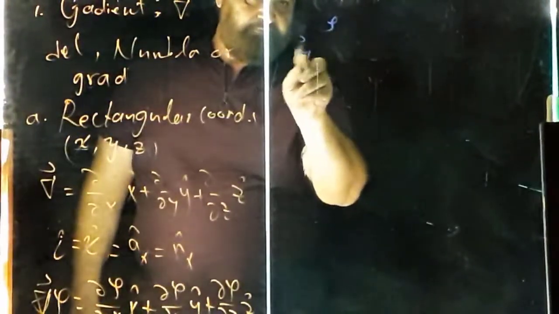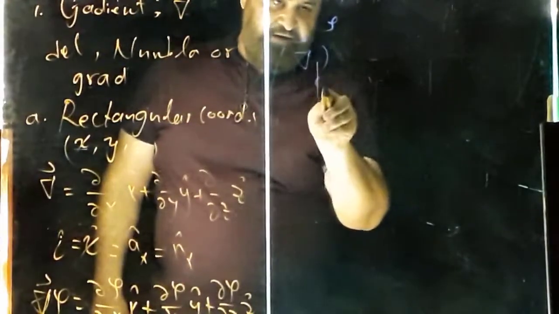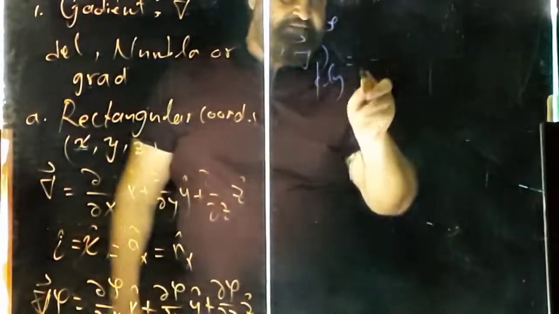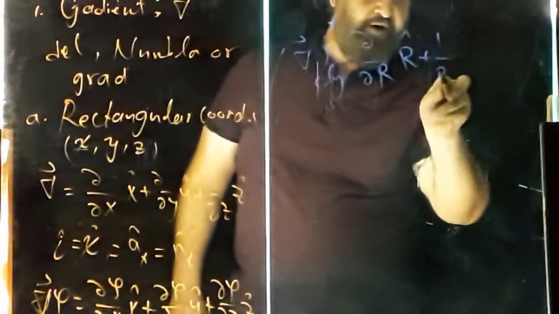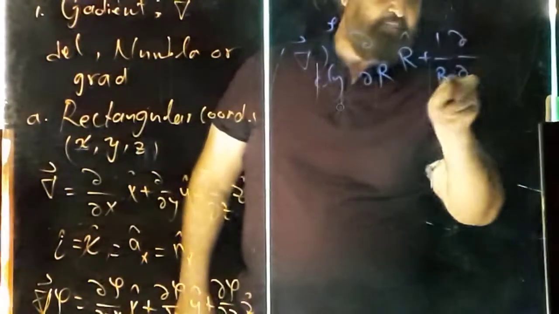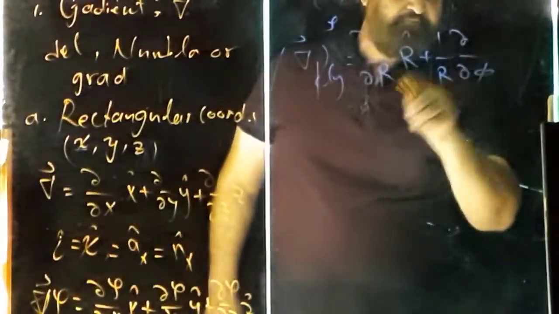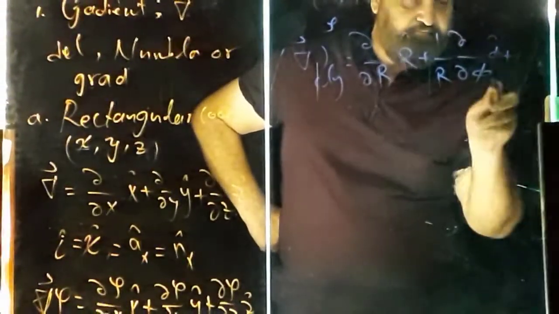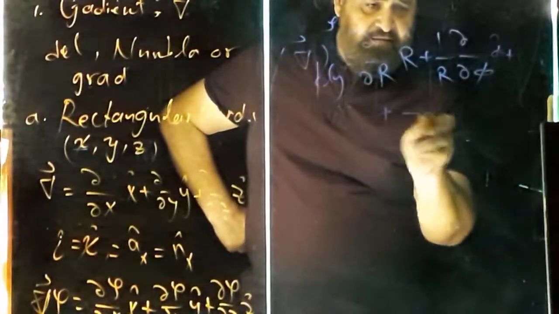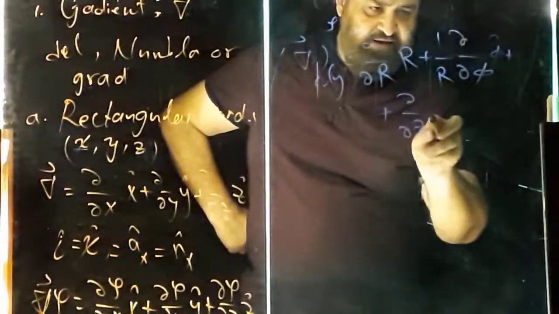The del in cylindrical coordinates is equal to the partial r, r hat, plus 1 over r, partial phi, phi hat, plus partial z, z hat.